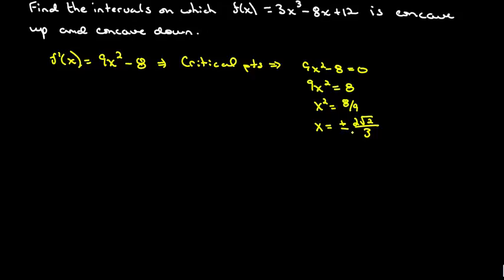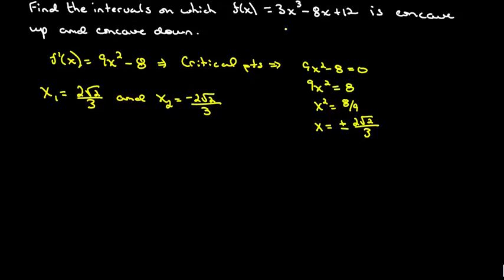So we've now got two critical points. I'm going to call them x1, which is positive 2 square roots of 2 over 3, and we'll call the other one x2, which is negative 2 square roots of 2 over 3.